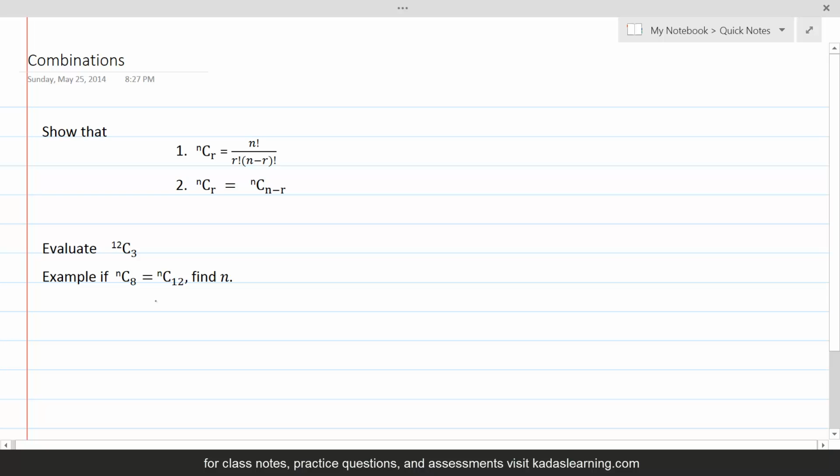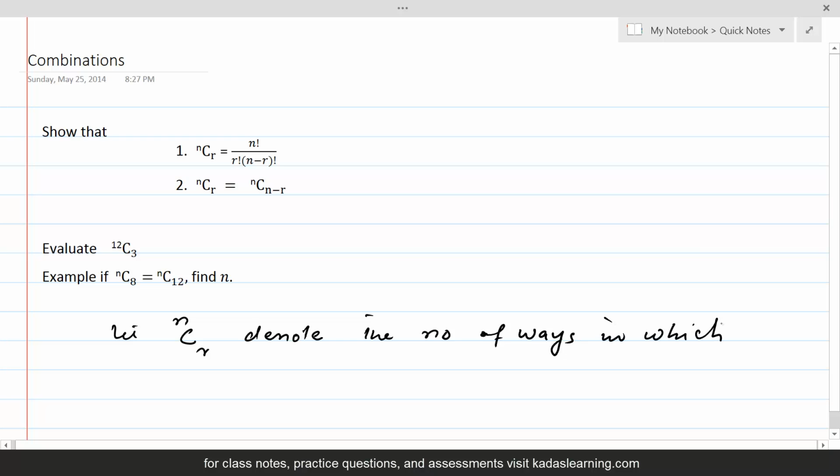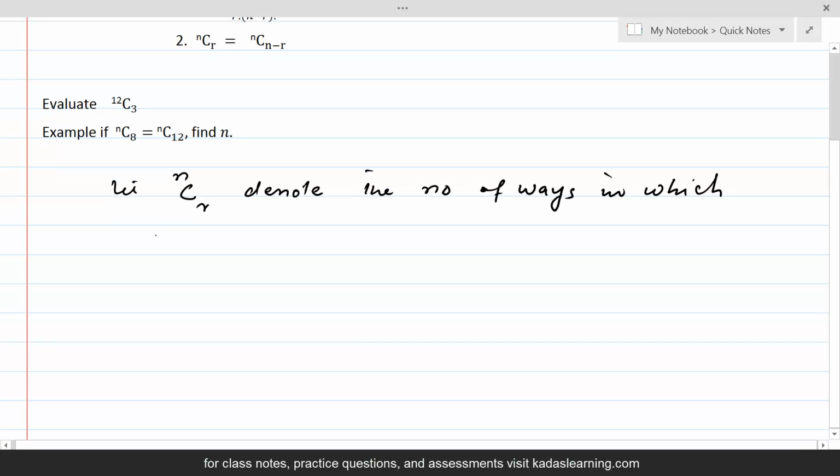So let NCR denote the number of ways in which R objects can be selected from a total of N objects.